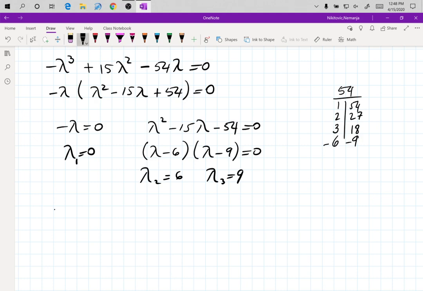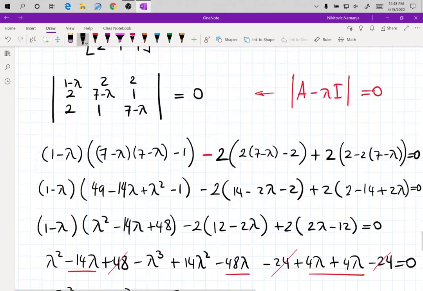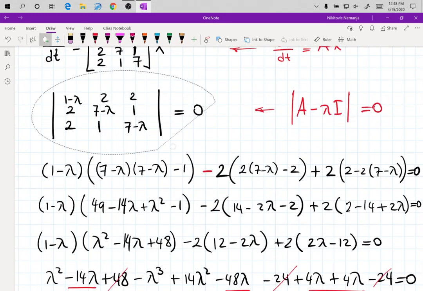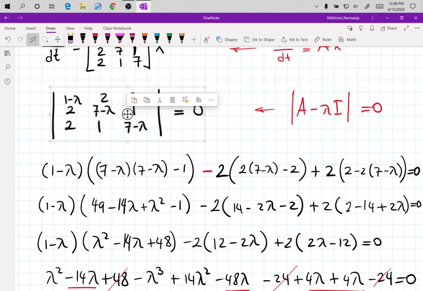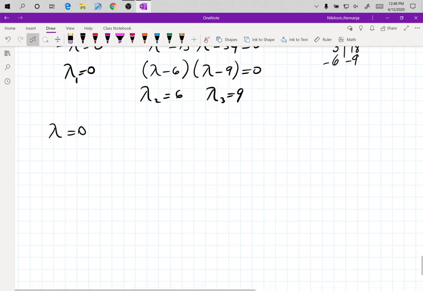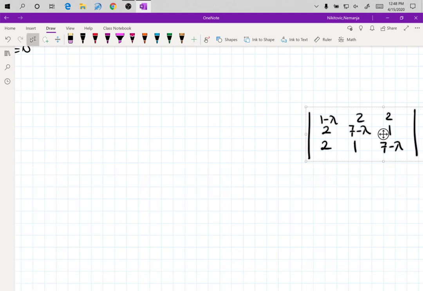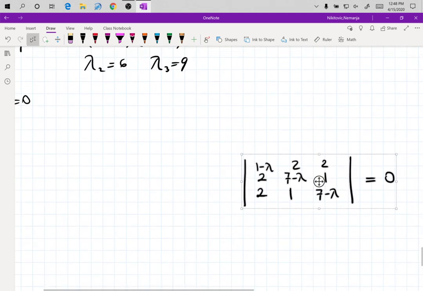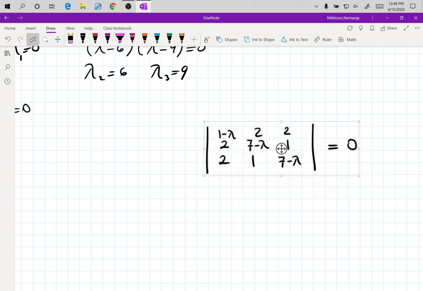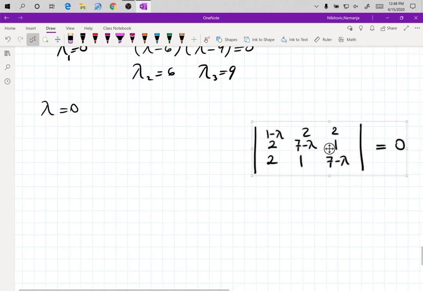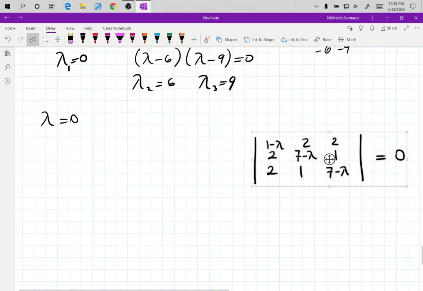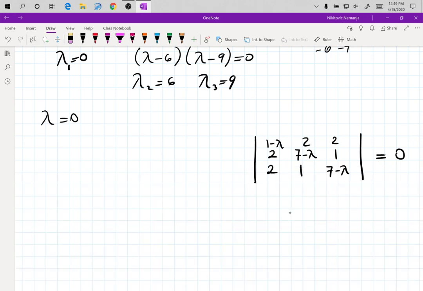So where lambda is equal to 0, we go back to our matrix and put lambda to 0. I am going to copy this matrix so I don't have to scroll up and down too much. Put it over here somewhere. Okay, so actually I just need the matrix.